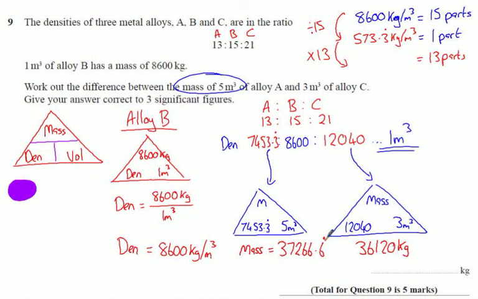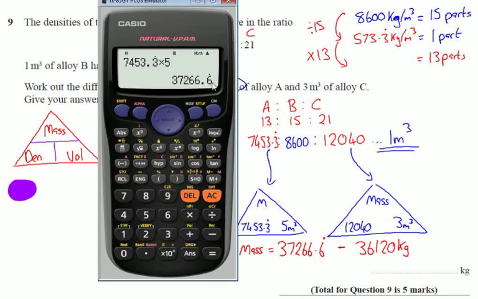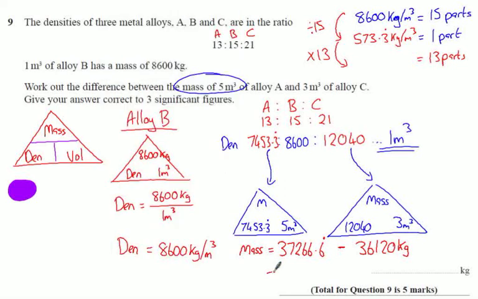So which of these is the biggest? It's going to be biggest subtract smallest. That's going to give me an answer of 37,266.6 take away 36,120 kilograms, which gives me 1,146.6. We're nearly done. That's 1,146.6 kilograms.